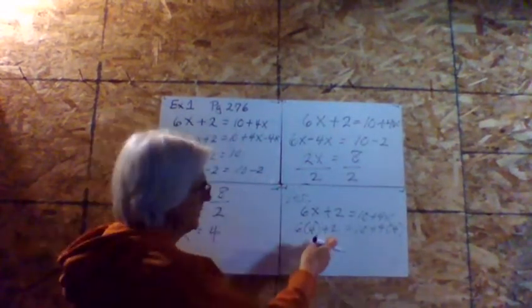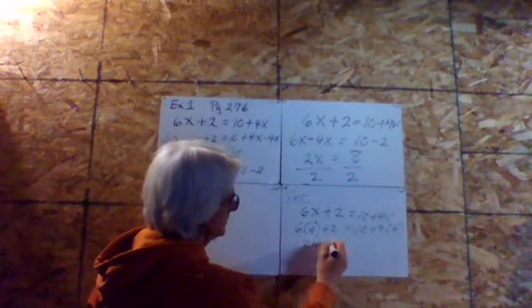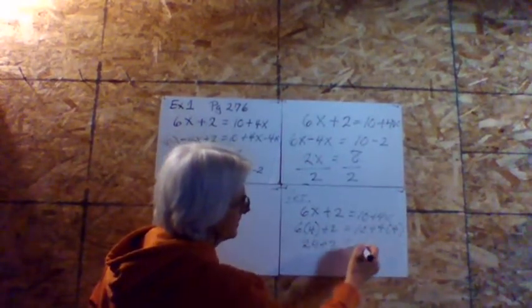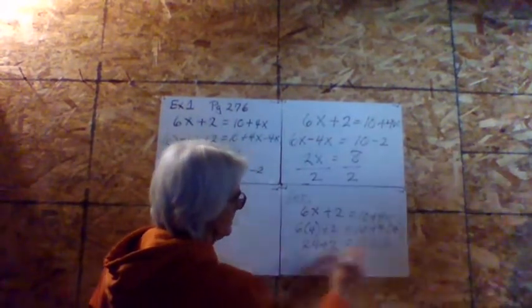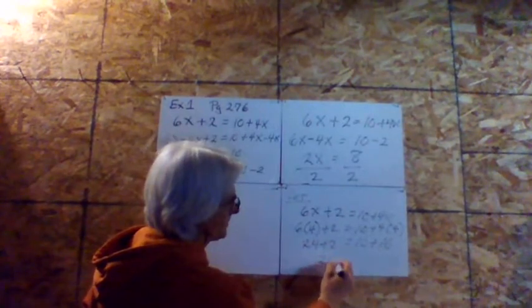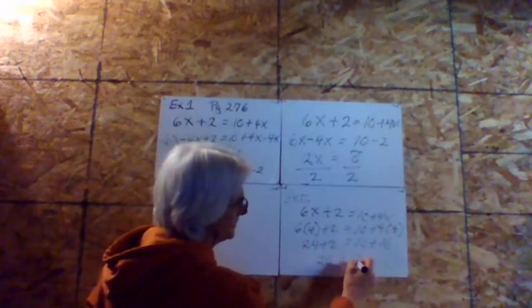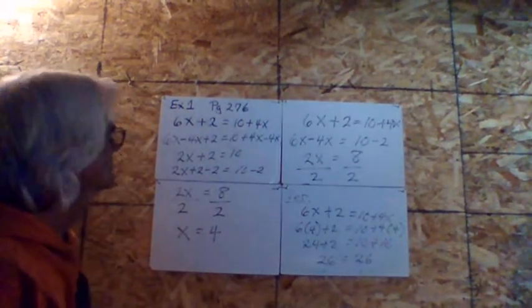Of course, you multiply before you add. 6 times 4 is 24 plus 2. Here I have 10. 4 times 4 is 16. 24 plus 2 is 26. 10 plus 16 is 26. So we verified it and we know the answer is right.